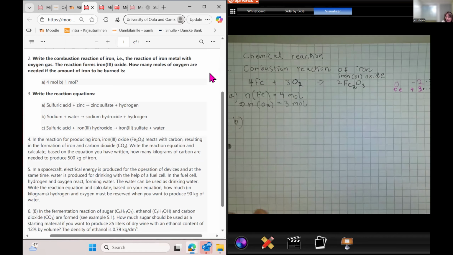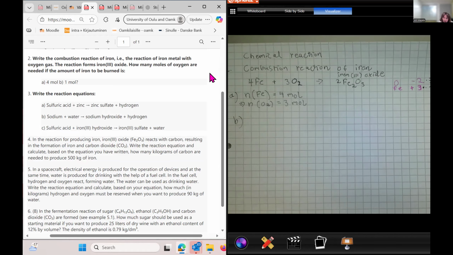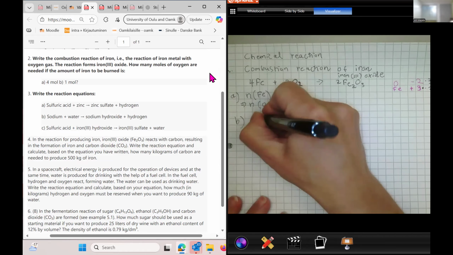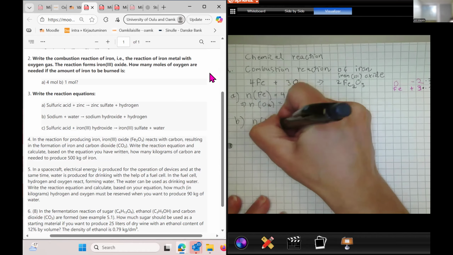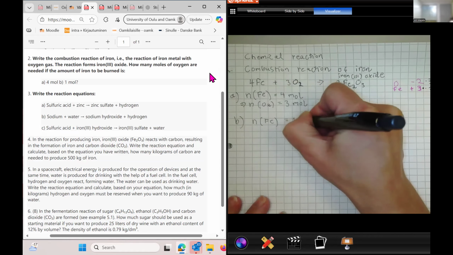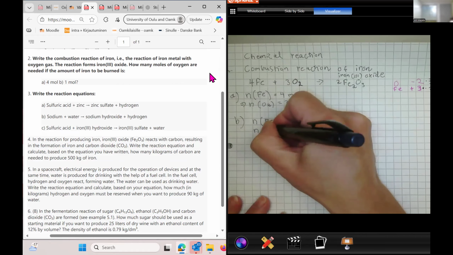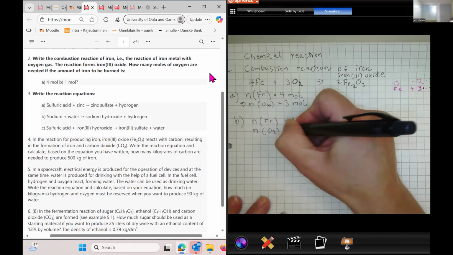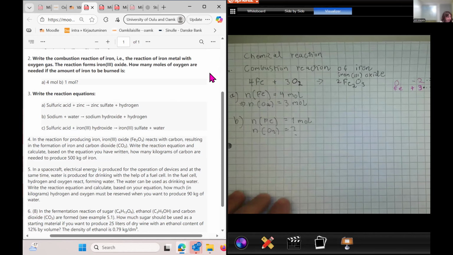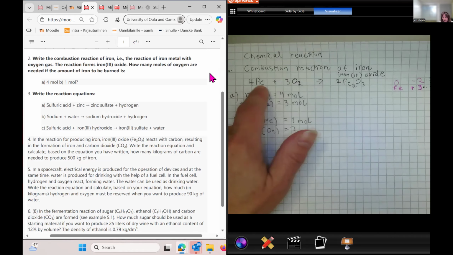And then in part B, if the amount of iron to be burnt is 1 mole, how many moles of oxygen do I need now? So I have to check it again from the equation here.